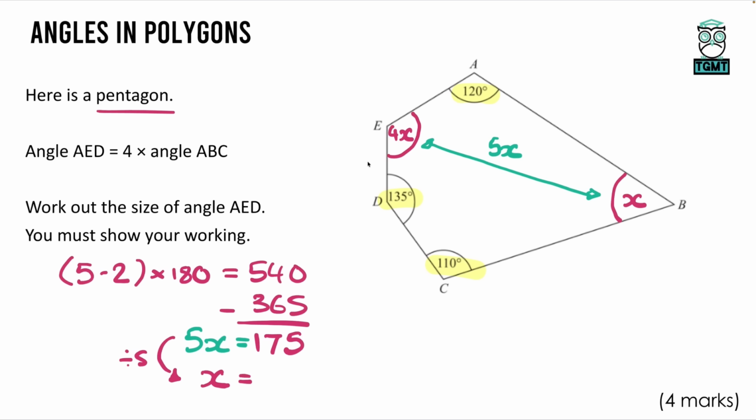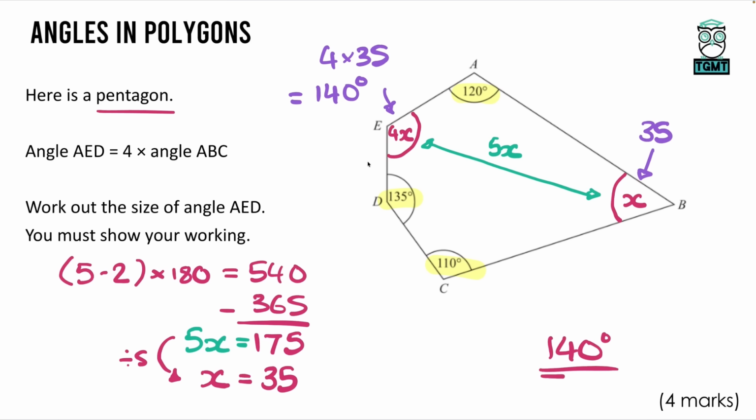So 175 divided by 5 leaves me with 35 degrees. And I can now substitute that into those angles, meaning this angle here is 35 degrees. And this angle here is 4 times 35, which we can again do on the calculator. And that comes out as 140 degrees. So for this one here, AED is 140 degrees. And we've shown all of our working there.